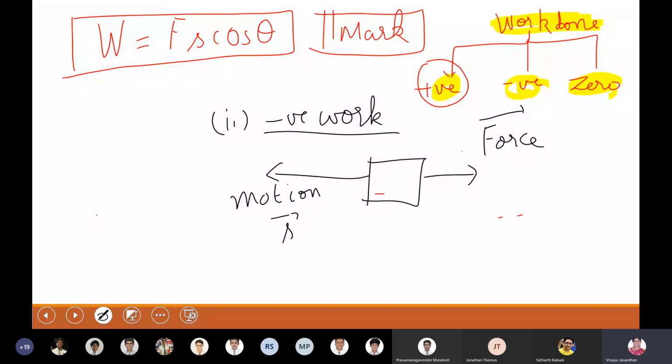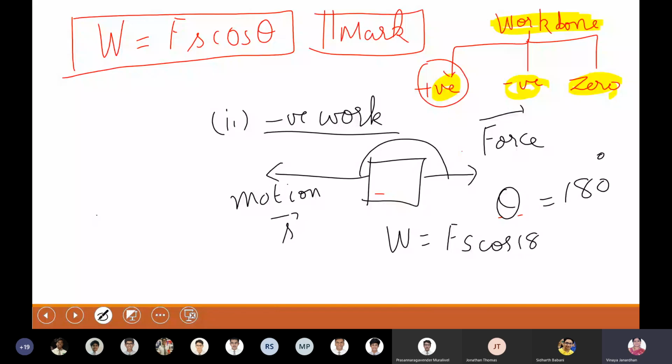So in such cases, when you apply a force in forward direction, but the body moves in the opposite direction, then the angle between force vector and displacement vector, look at the angle, is 180 degrees. Theta becomes 180 degrees. Then W is equal to Fs cos 180. So cos 180 is -1.